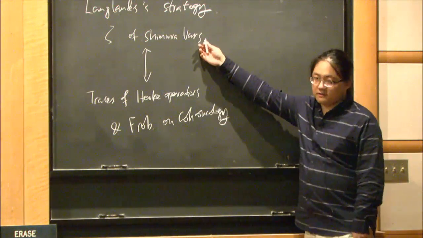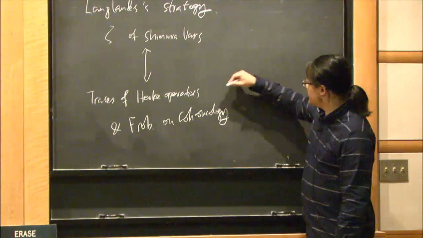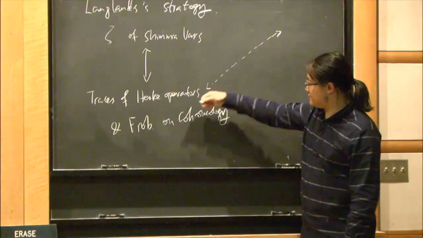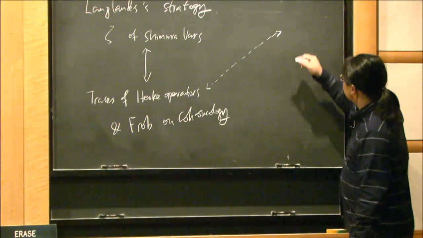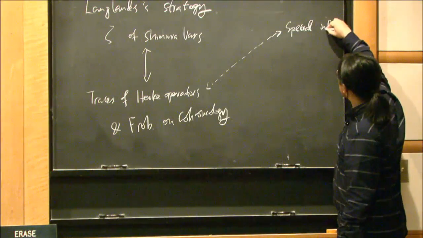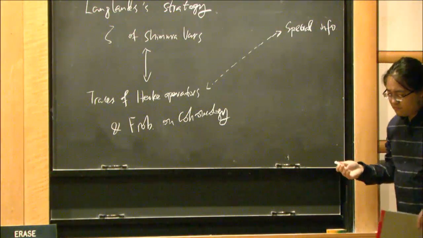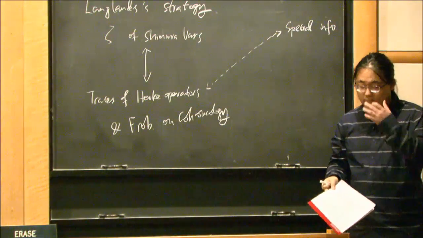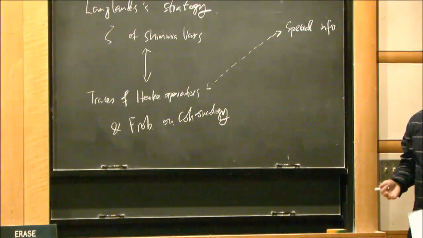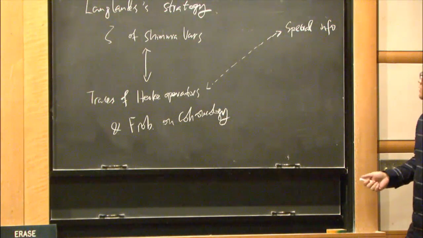And to prove that the zeta function is equal to a product and quotient of automorphic L-functions, basically you want to relate these traces on the cohomology with spectral information. By spectral information, I mean parametrizing globally or locally automorphic representations and studying their multiplicities and so on.